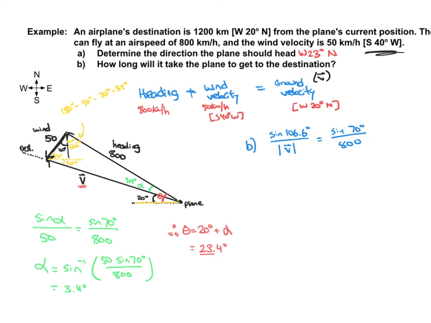And I can go ahead and solve for the velocity now. So you do some cross multiplying and dividing, leaving you with 800 sine 106.6 over sine 70.